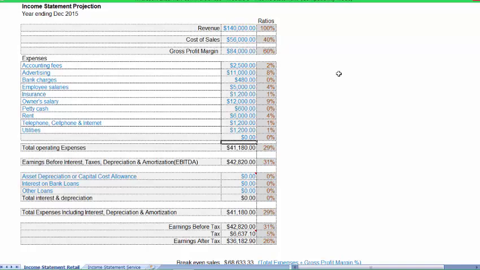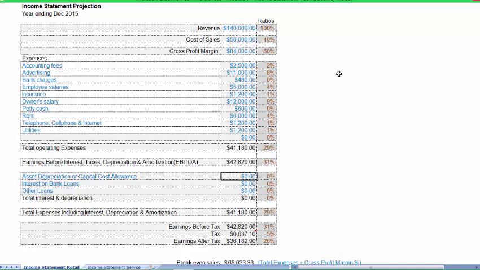Okay, so this tells you that this business's total operating expenses are $41,180.